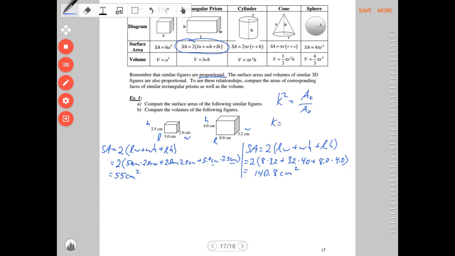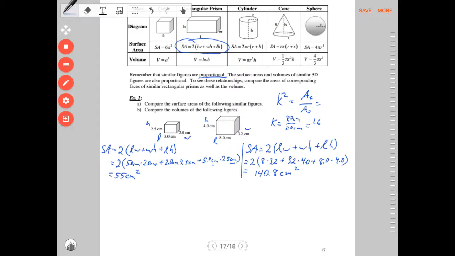Looking at the 5 and the 8, 8.0 centimeters divided by 5.0 centimeters works out to 1.6. So then k squared should be 1.6 squared.